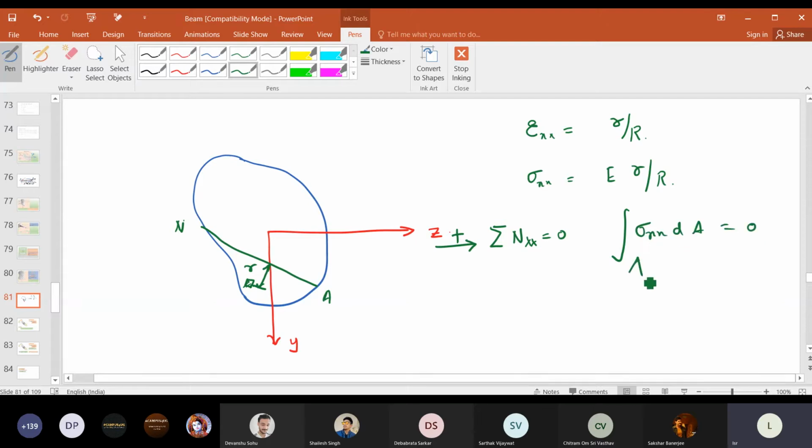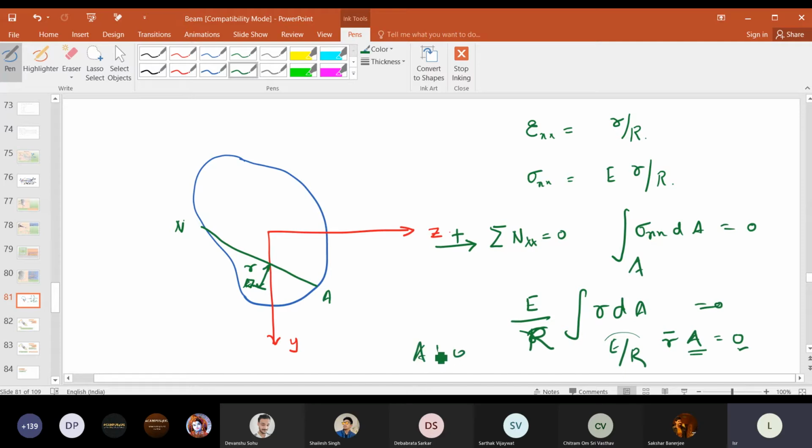The area integral will be E by R times the integral of r dA, and this will be equal to 0. That is E by R into r bar into area equals 0. So E by R will go to that side and A is also not equal to 0. So what is 0 is this one.